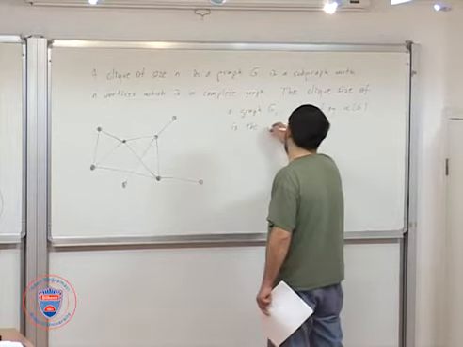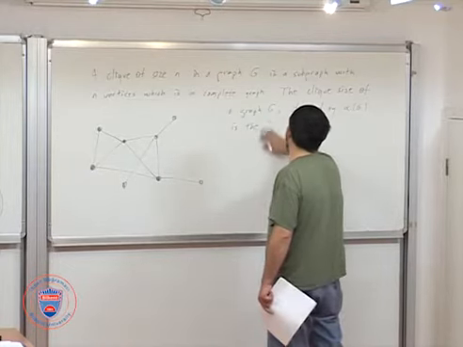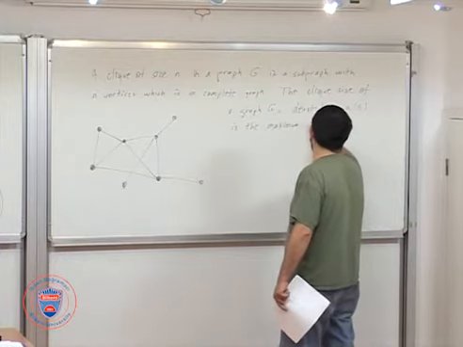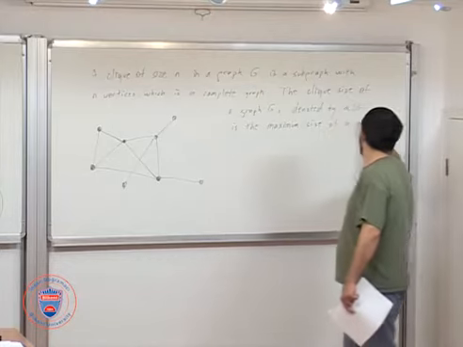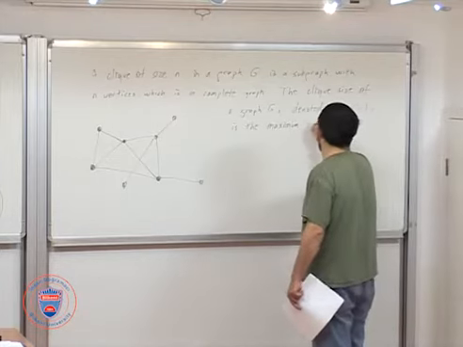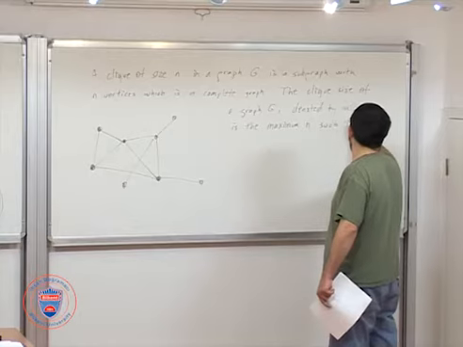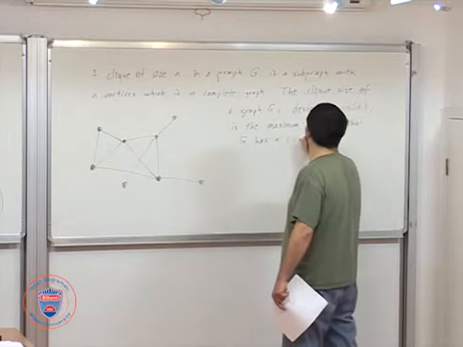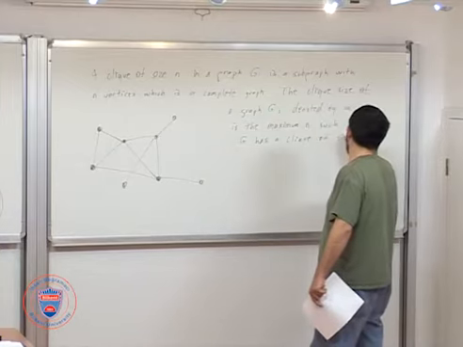So the maximum value n such that G has a clique of size n.